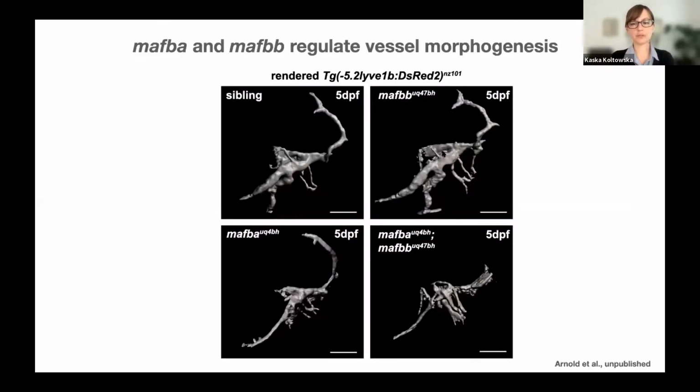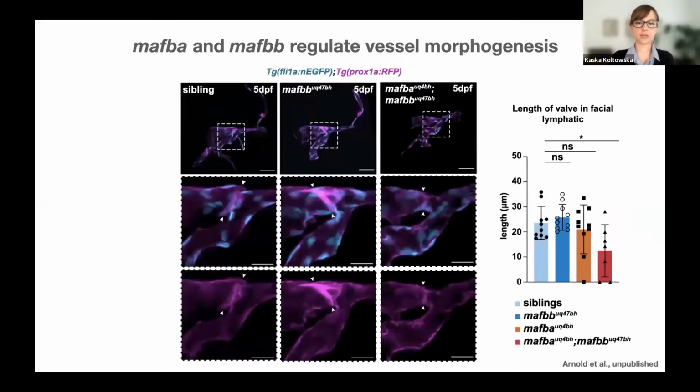We looked more carefully at the morphology of these vessels, and clearly they were dramatically disrupted, where they seem to be sprouting in many different directions instead of forming this very cohesive tissue comprising just a handful of vessels.